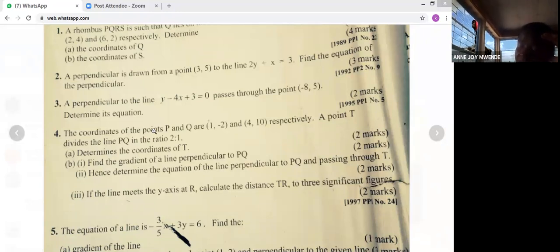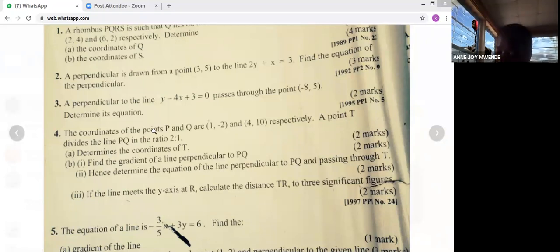Then we have PT, which is XY minus 1, -2, is equal to 2/3 the coordinate of PQ, which is 3, 12. Make sure you have multiplied by 2/3. 2/3 times 3, we get 2. Then 2/3 times 12, you get 8.